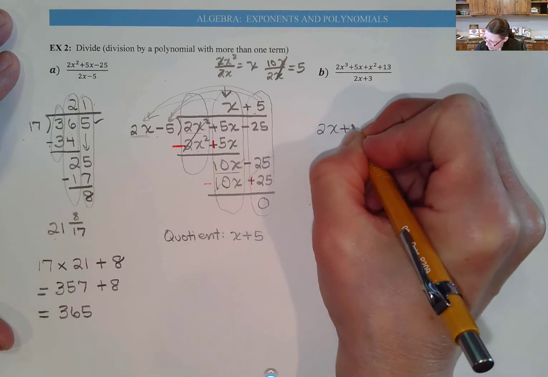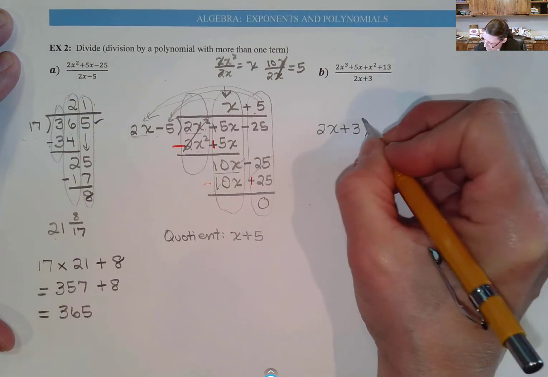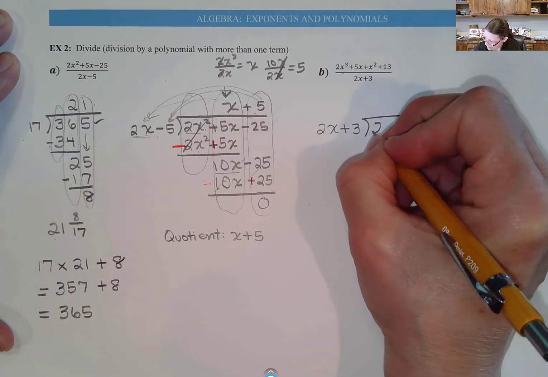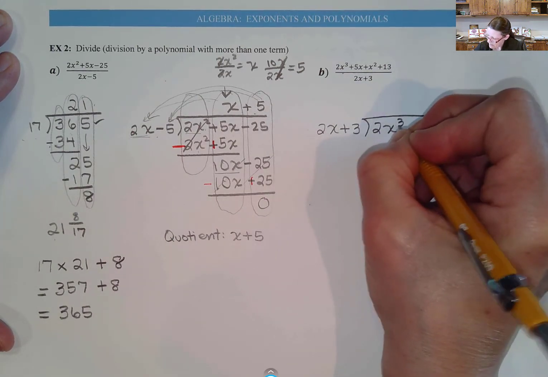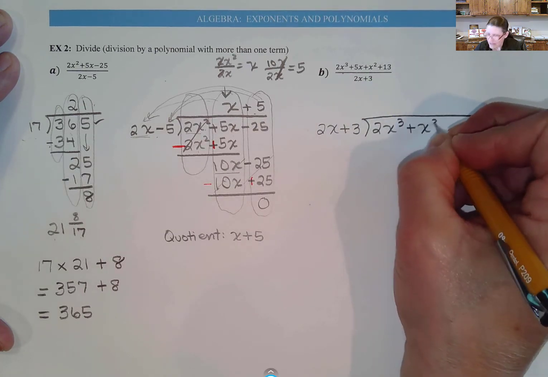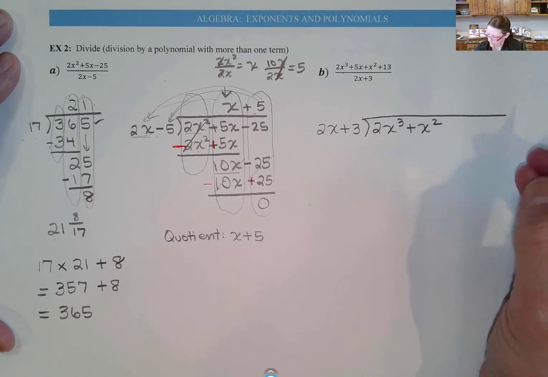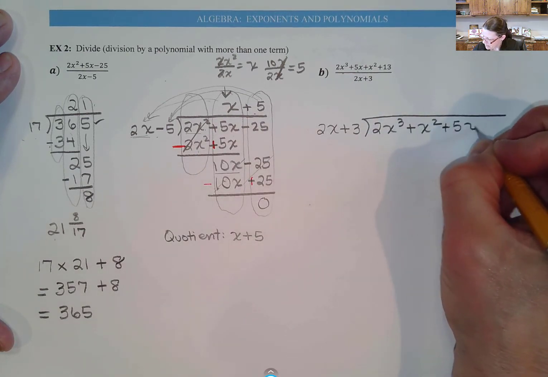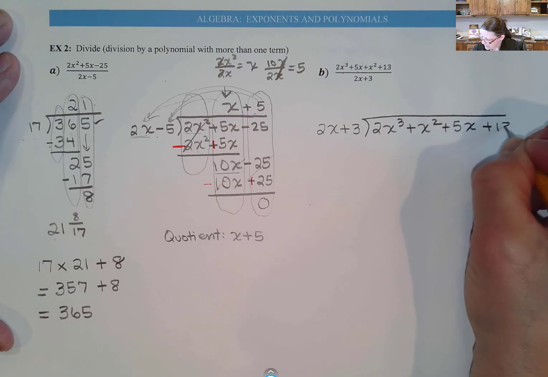2x plus 3 divided into 2x to the third plus x squared. I'm rearranging terms to write them in decreasing degree order, plus 5x plus 13.